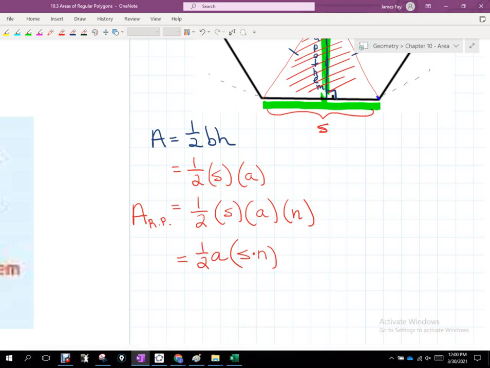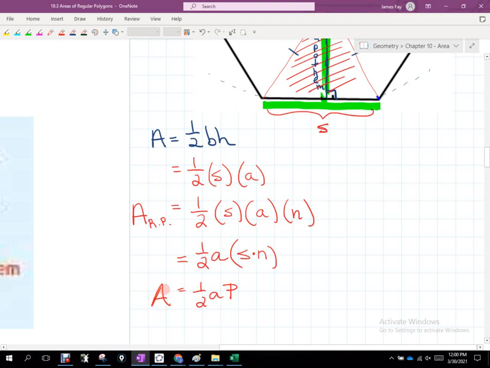And N is how many sides you had. What does that equate to? The perimeter. Okay? S times N is basically S plus S plus S plus S, n times, which is exactly how you find perimeter. So we make the substitution, then that S times N is capital P for perimeter, and that's our area formula.